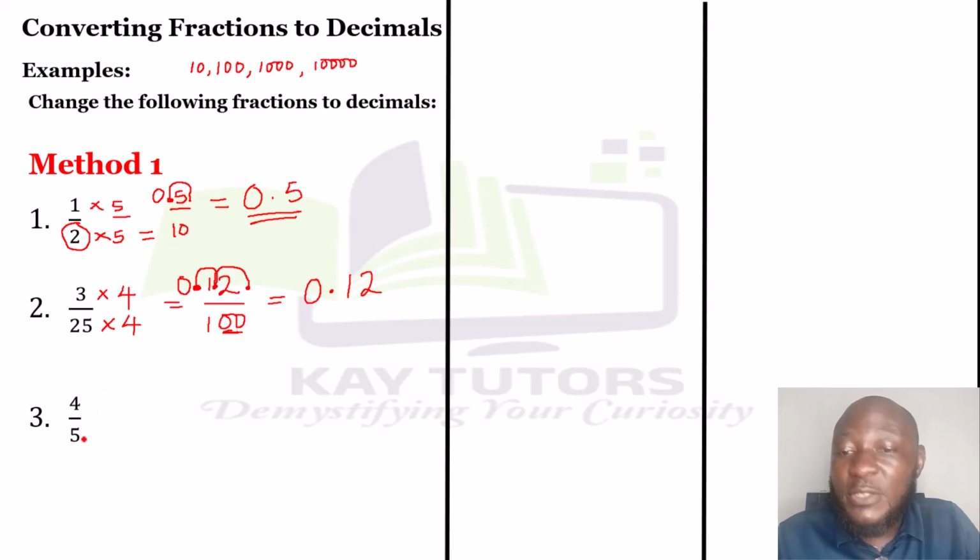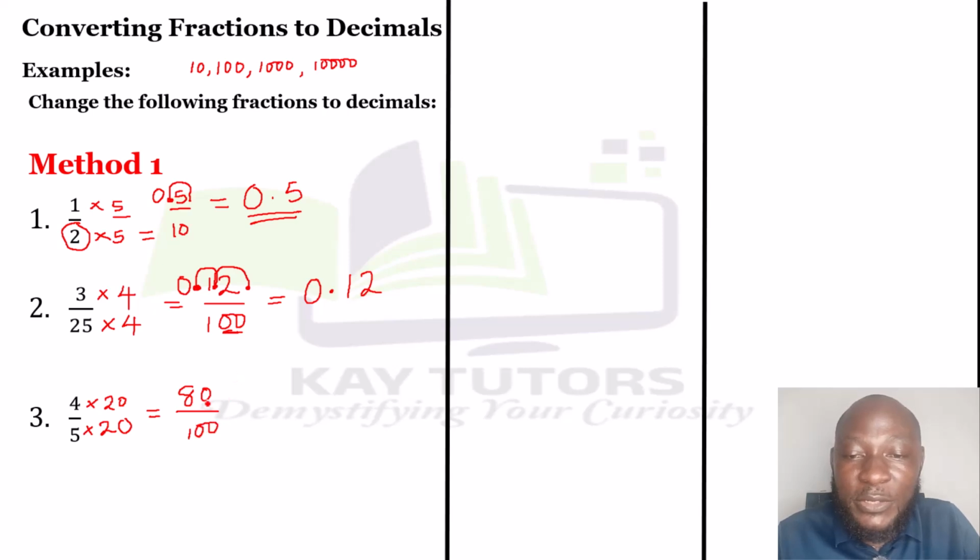So 5 is closest to 10. So I will multiply 5 by 2 to give me 10. I can as well multiply it by 20 to give me 100. So 5 times 20 is what? 100, and 4 times 20 is 80. So this is 80 all over 100.